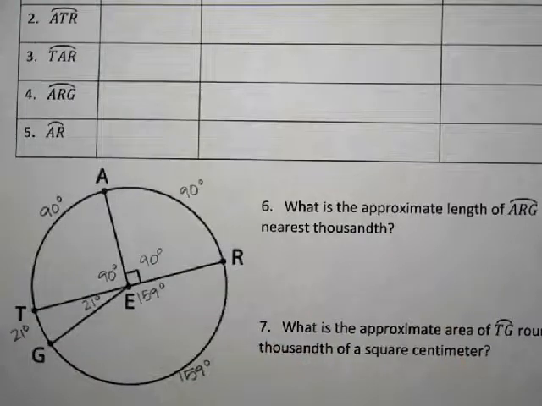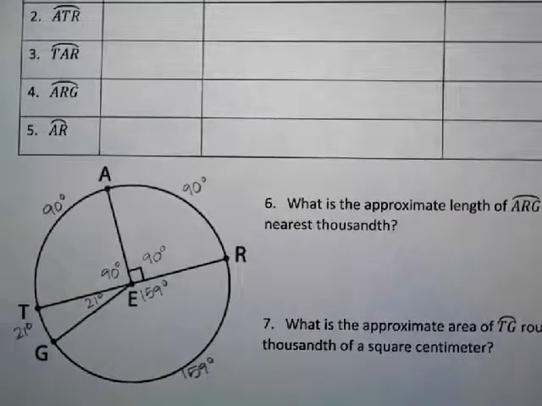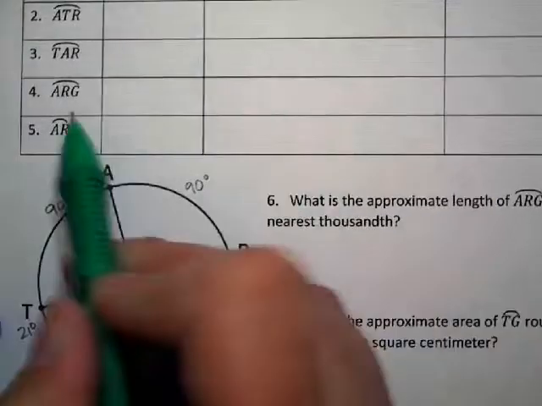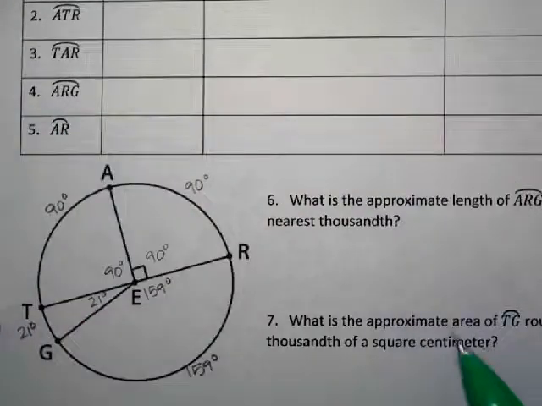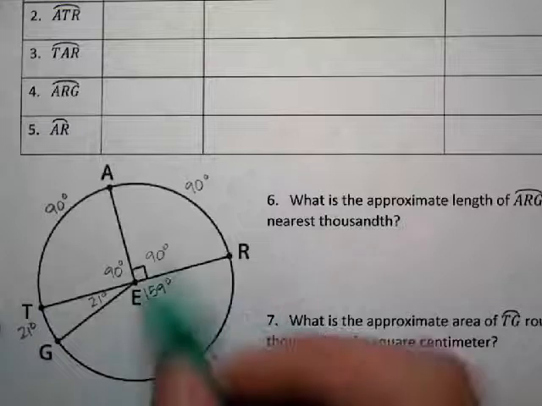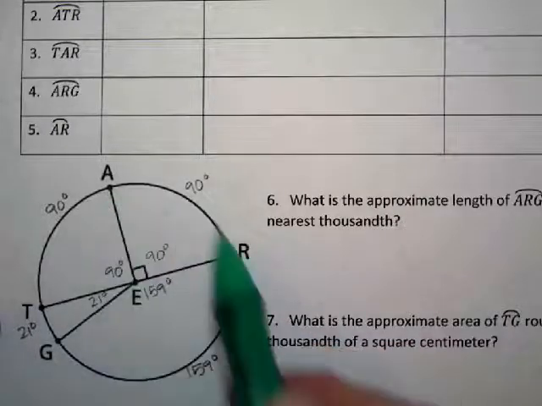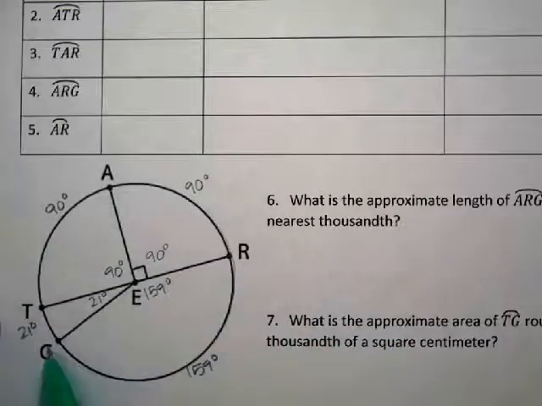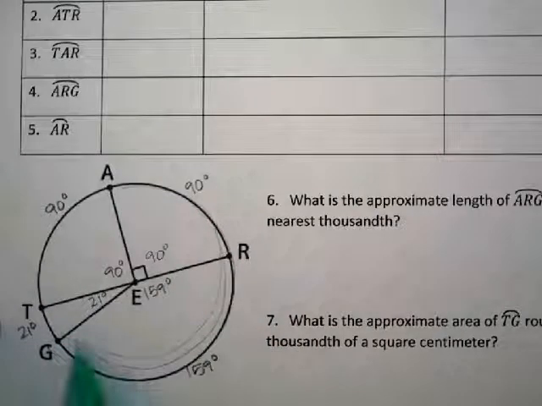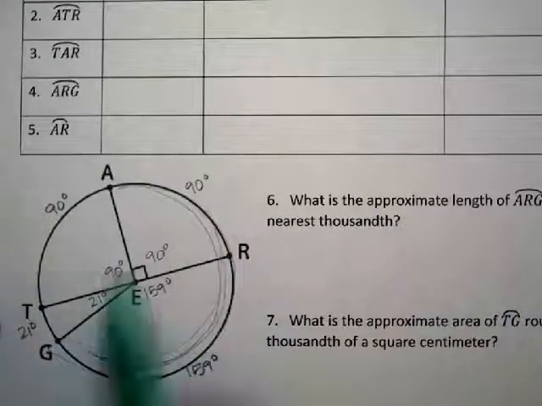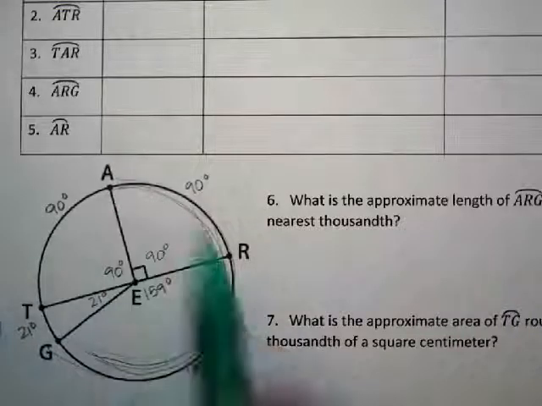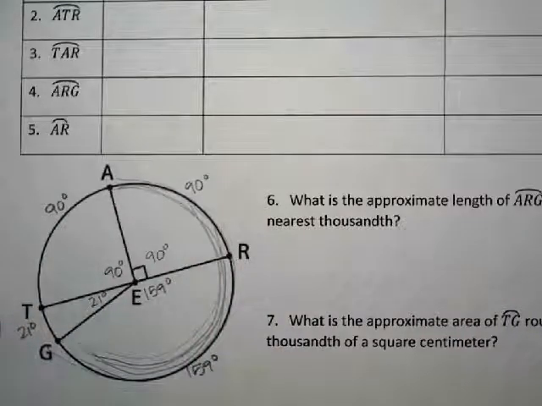Okay. All right, so we're going to do example 4 and 5. So the arc measure for ARG, from A to R to G. ARG. What's the arc measure for ARG? Anybody? ARG.